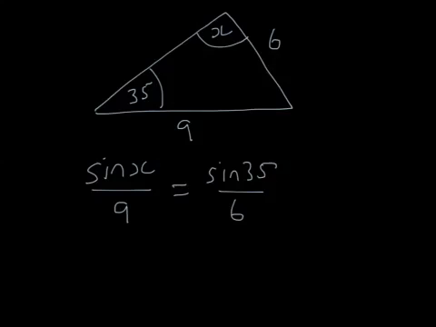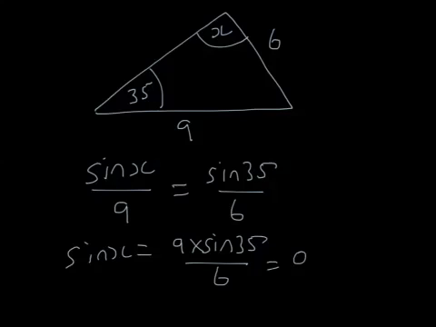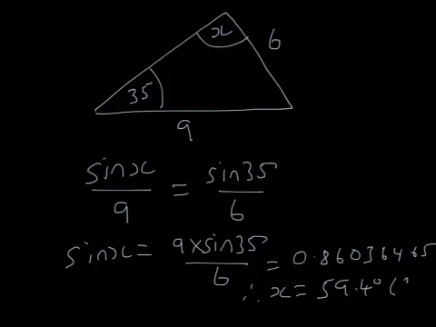So rearrange that and we get sine x equals 9 times sine 35 divided by 6, which works out to be 0.86036465. So therefore x is the inverse sine of that number. That works out to be 59.4 degrees to 3 significant figures.